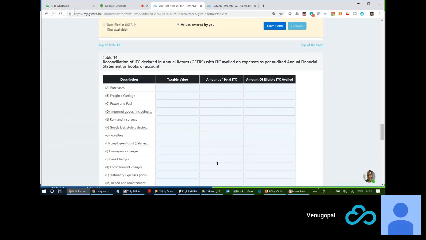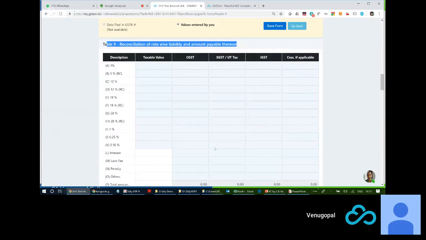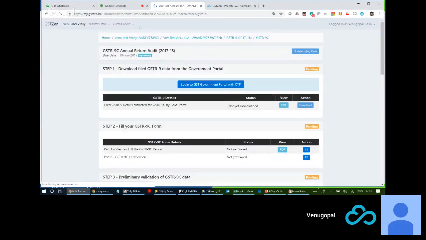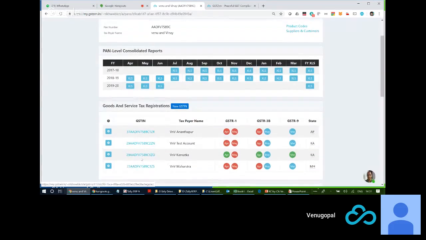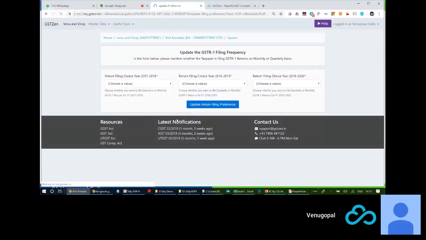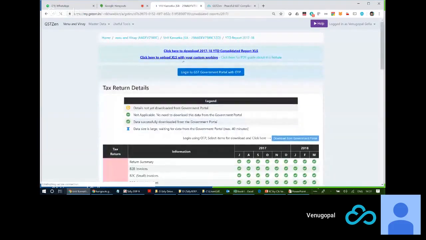So you have an option in GSTZen to download consolidated data. You can log into the account and download a consolidated data for 2017-18. You can click here to download the 2017-18 consolidated report.